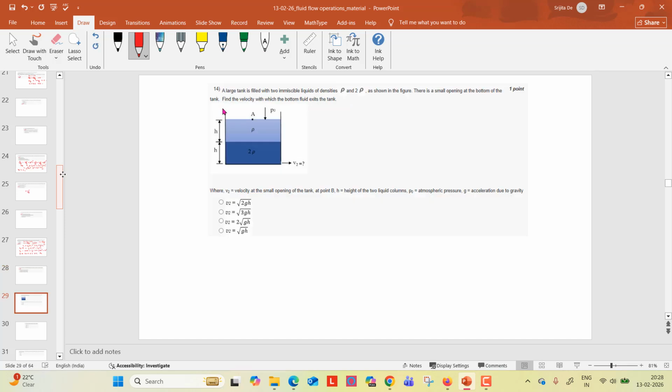A large tank is filled with two immiscible liquids of densities ρ and 2ρ as shown in the figure. There is a small opening at the bottom of the tank. Find the velocity with which the bottom fluid exits the tank.